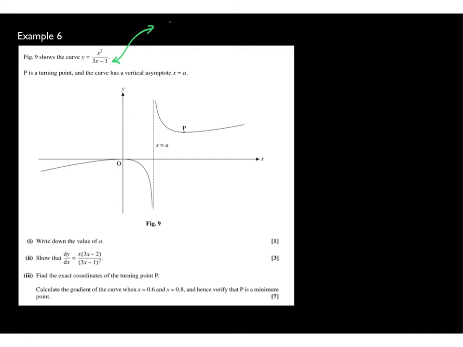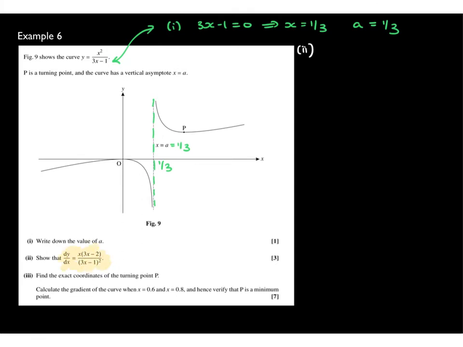So we know that 3x minus 1 has got to equal 0, which gives us x equals 1/3. So a is equal to 1/3, and the equation of this vertical asymptote here, which I'll highlight in green, is x equals 1/3.